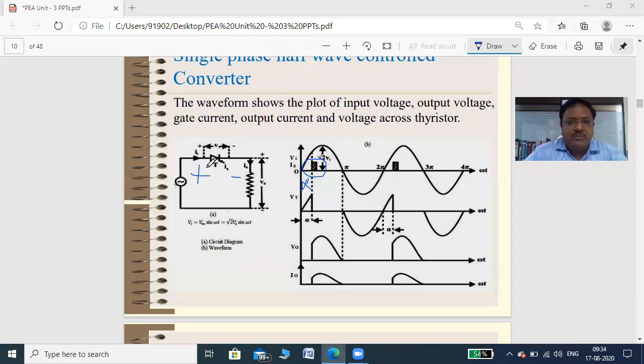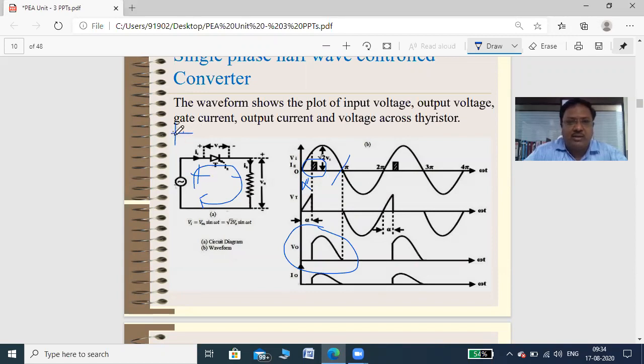So during the positive half cycle, the anode of the SCR is positive with respect to the cathode. Whenever we apply the triggering pulse, the SCR will turn on and current flows through the load resistor R. The direction of current is like this, and this is the output voltage. It will continuously flow till pi. At pi, because of natural commutation, the supply gets reversed. What does natural commutation mean?